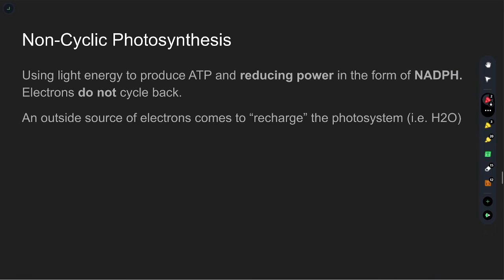In non-cyclic photosynthesis, we're using light energy to produce a little bit of ATP and reducing power in the form of NADPH. In non-cyclic photosynthesis, electrons do not cycle back to the photosystem. That means we need an outside source of electrons to come recharge the photosystem, that being water in oxygenic photosynthesis.